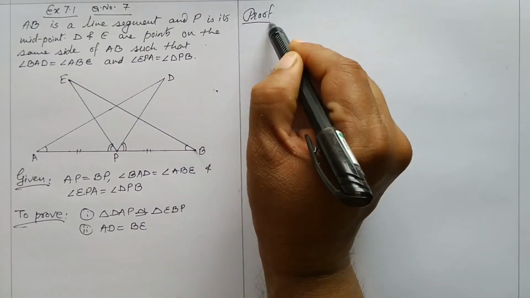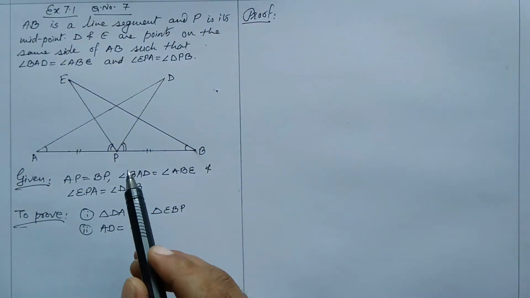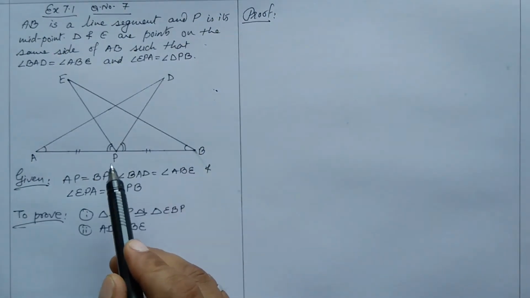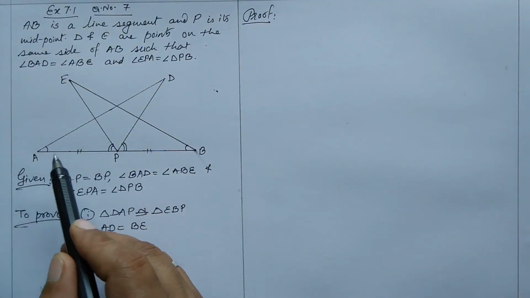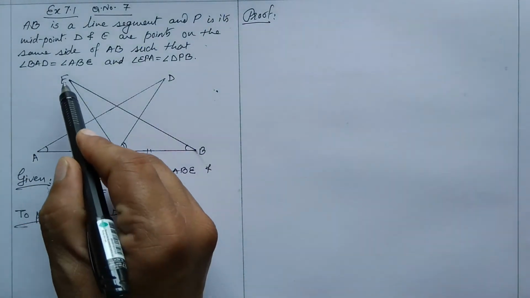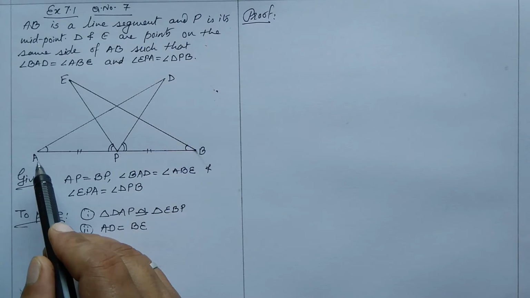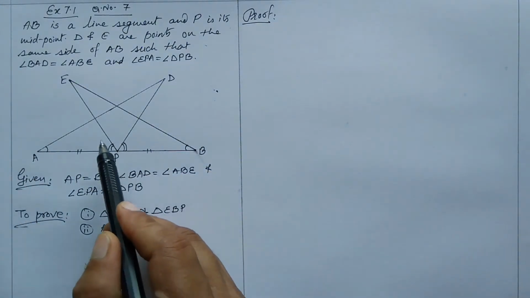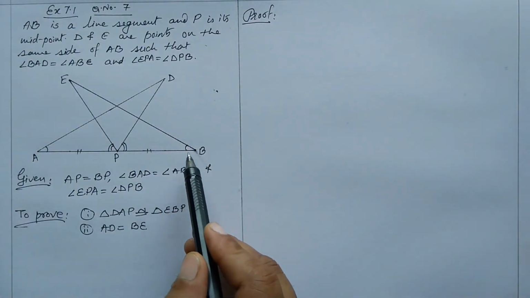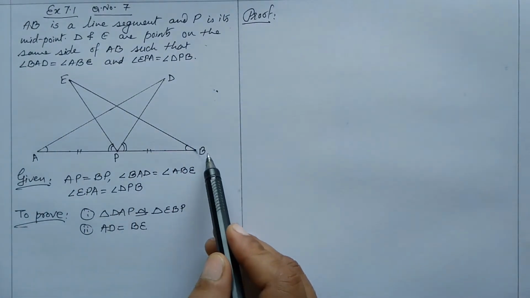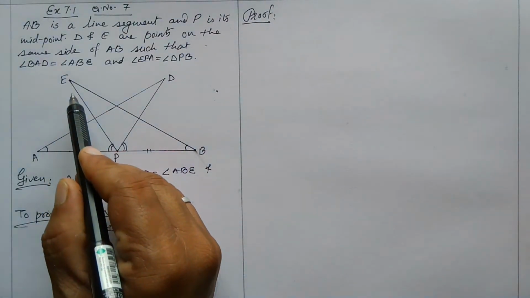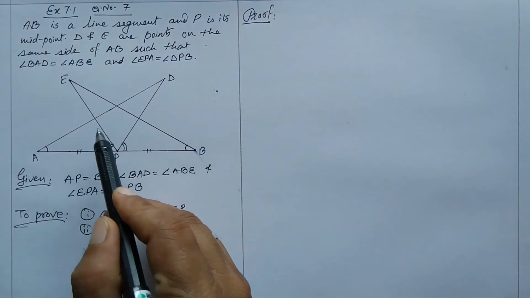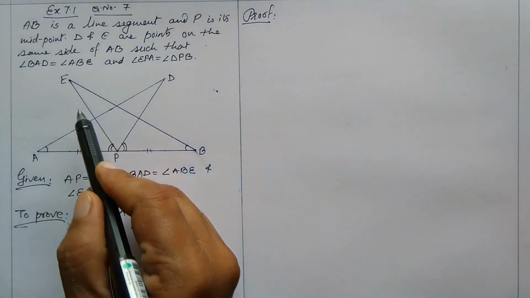Here also if you observe, if you add angle EPD to angle EPA, then you are going to get angle APD or DPA. Same case, if you add EPD to DPB, then EPD plus DPB is angle EPB.